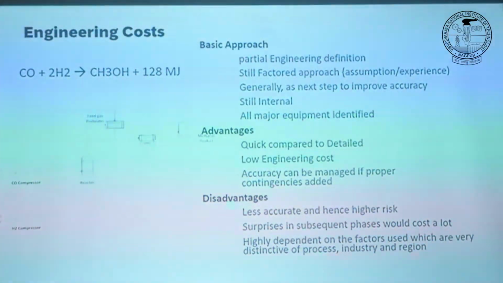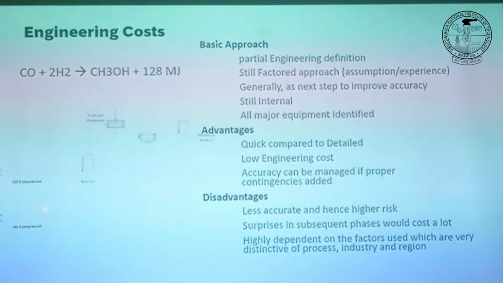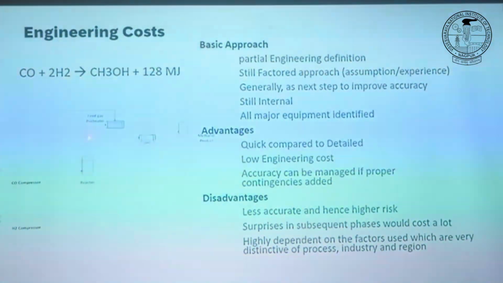That means you are putting in more effort to make it clearer, detailing it out. With this, you are increasing your engineering definition. You are defining more and more equipment. Now we will not calculate the cost of this reactor only, but we'll calculate the cost of this exchanger, this air cooler, this vessel, all based on the same approach: the weight of this exchanger times this factor.